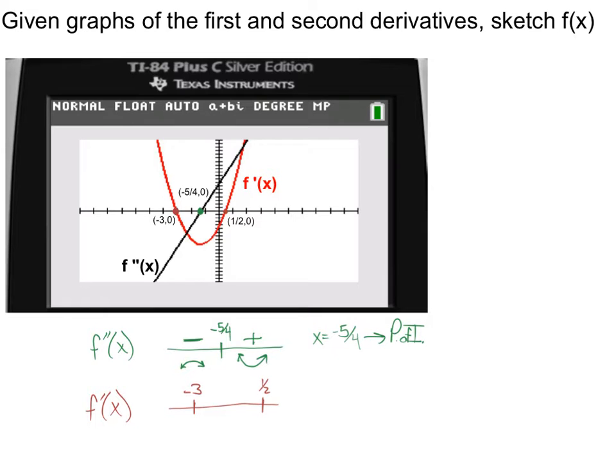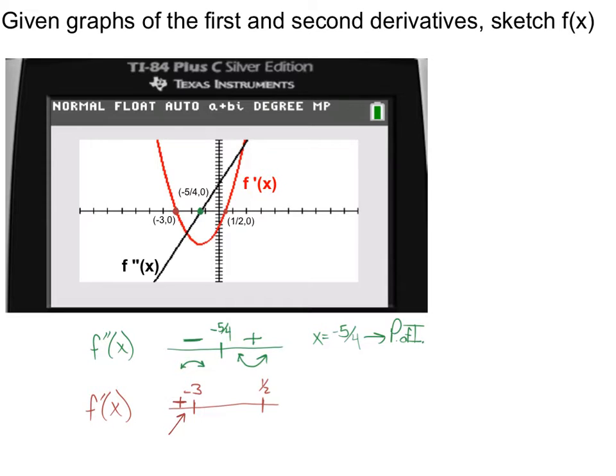Okay, so what do we know about the first derivative to the left of negative 3? Well, the derivative is decreasing, but the derivative is positive. Because here's the thing, it continues to decrease until we get to that point of inflection. But when we're looking at the first derivative, we want to say positive or negative, and since it's positive, it means the original function is increasing until we get to negative 3.